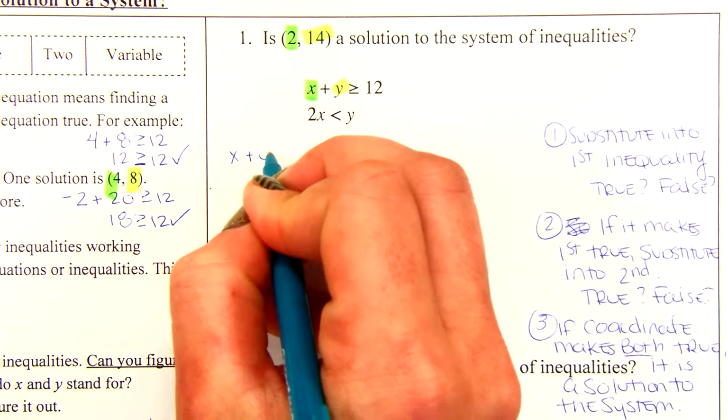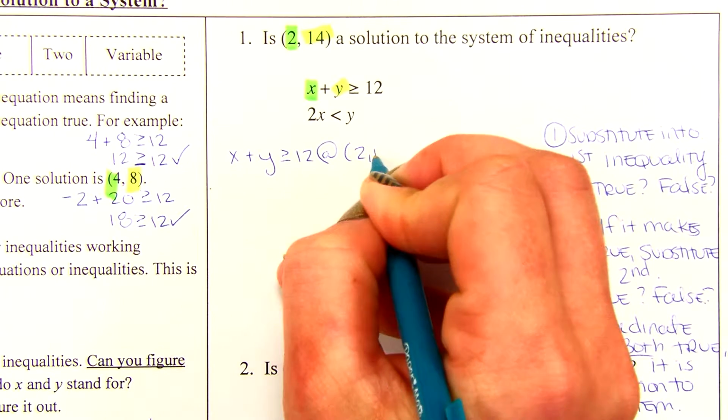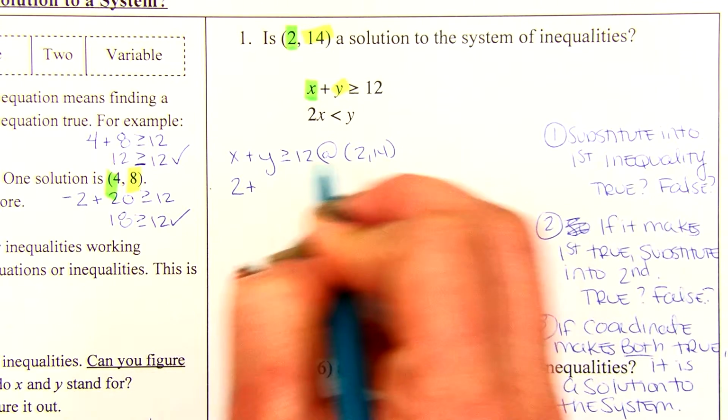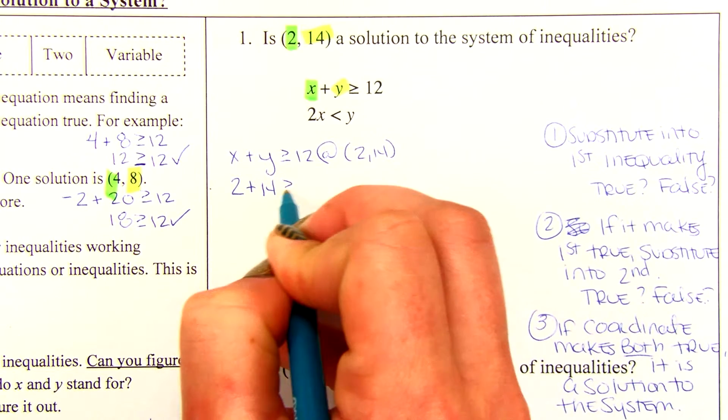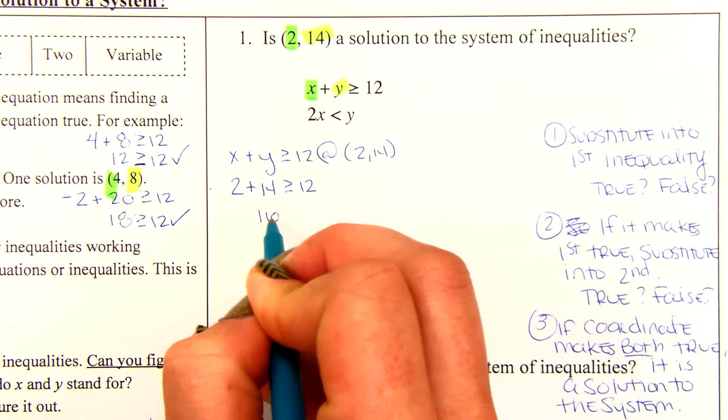So x plus y is greater than or equal to 12 at 2, 14. So 2 goes in for x, 14 goes in for y, and 2 plus 14 is 16.